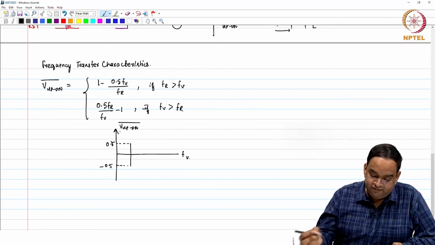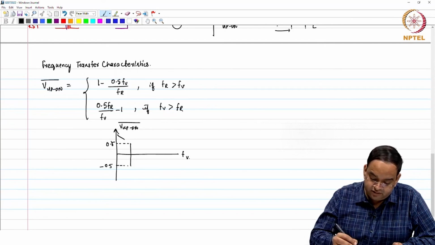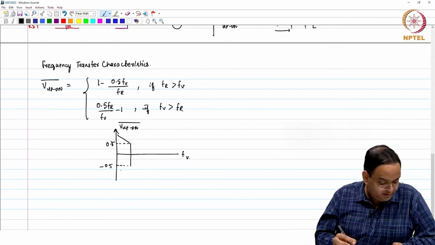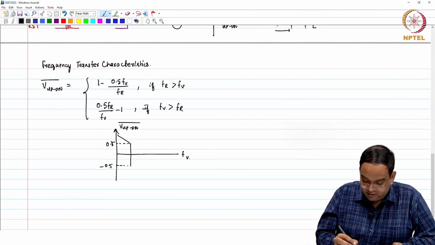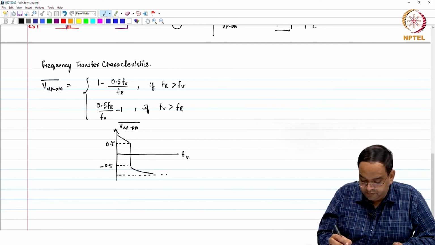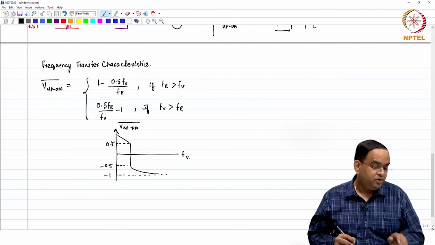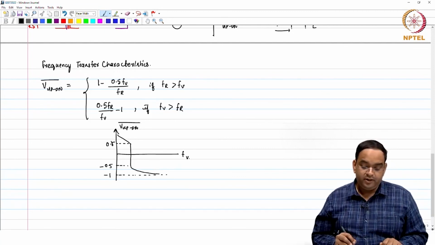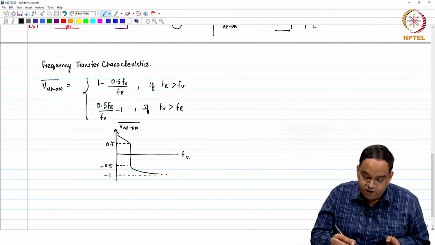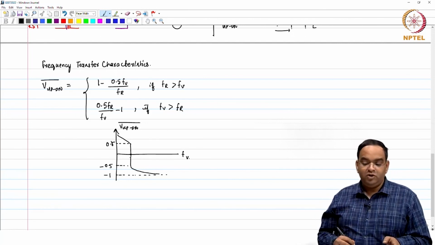Fr is the reference which is fixed, and this particular value asymptotically reaches minus 1. At this node you have Fr equal to Fv.